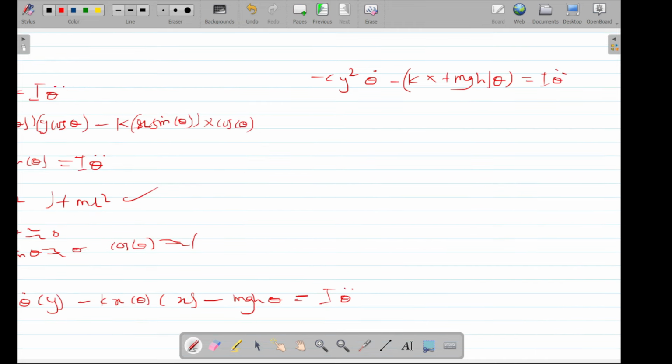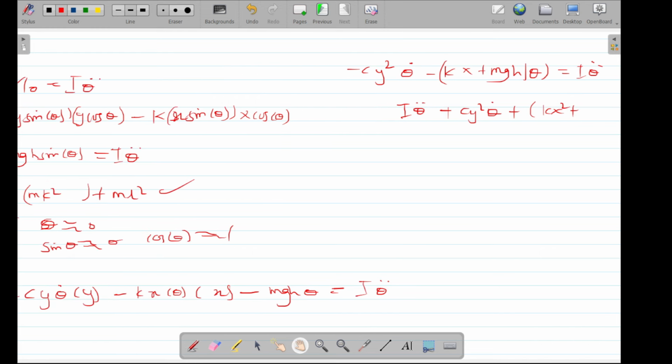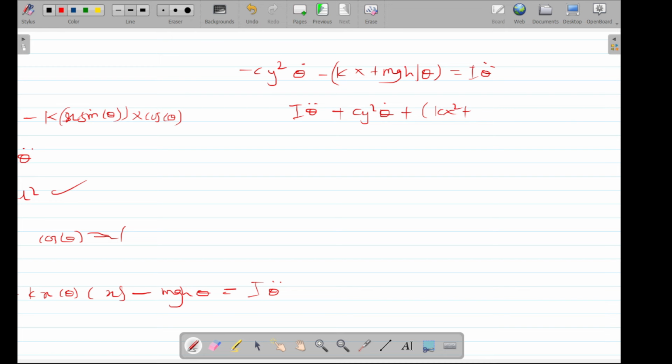I theta dot dot. All right, so from here we can say that I theta dot dot plus c y squared theta dot plus, in brackets, k x plus k x squared, so here I have x here and x here, so it's supposed to be x squared, plus mgh equals what? 0.